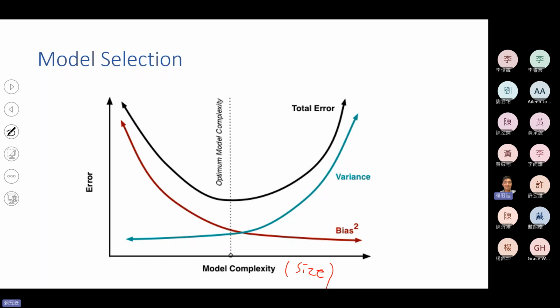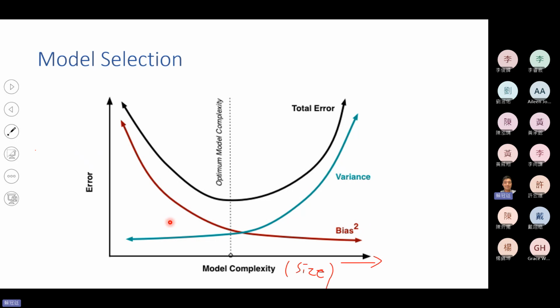If your model is large, then it tends to have lower bias but higher variance, right? If your model is too small, then you will have low variance but high bias.